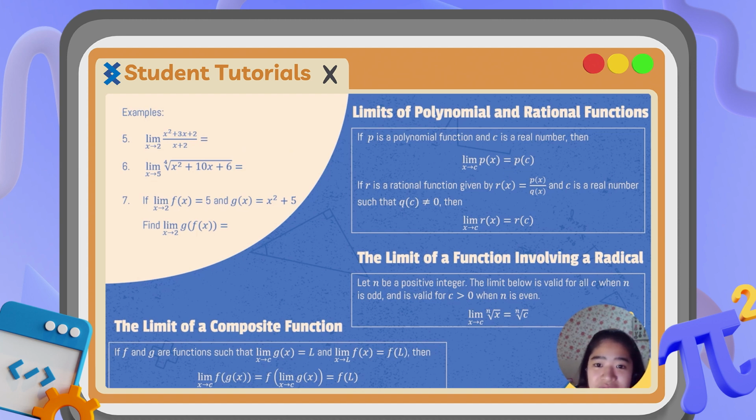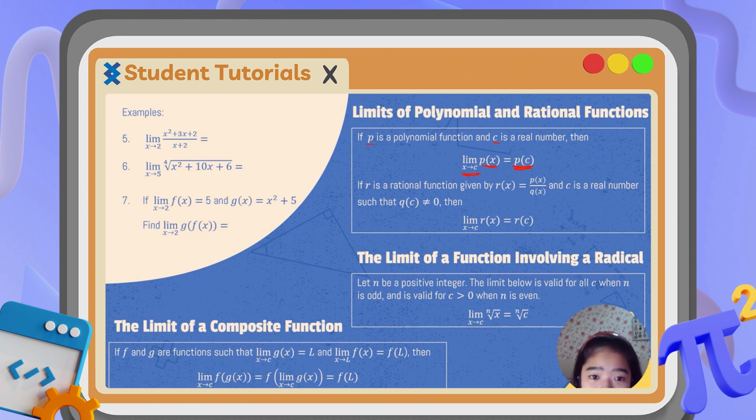Okay, so here we have some more examples. The rule on the right just says that if p is a polynomial function and c is a real number, then the limit of p of x as x approaches c is equal to p of c, which is what we did in the previous slide. And that is because of the rules of limits, the sum and product and the differences.